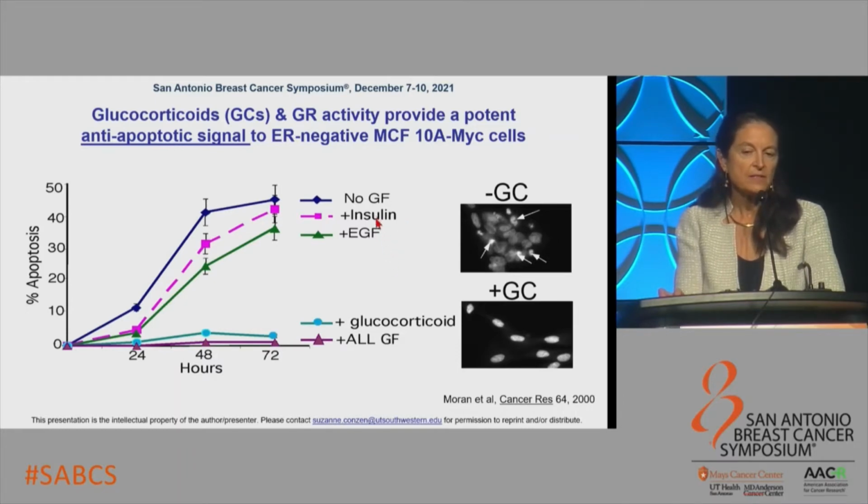We found that insulin and EGF increased proliferation, but they didn't really have a large effect on cell survival. In contrast, glucocorticoid, much to our surprise, when given in physiological amounts with hydrocortisone or in pharmacologic amounts with dexamethasone, completely abrogated apoptosis in response to these stressors.